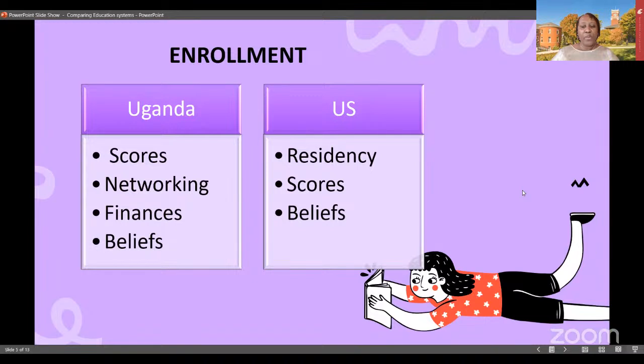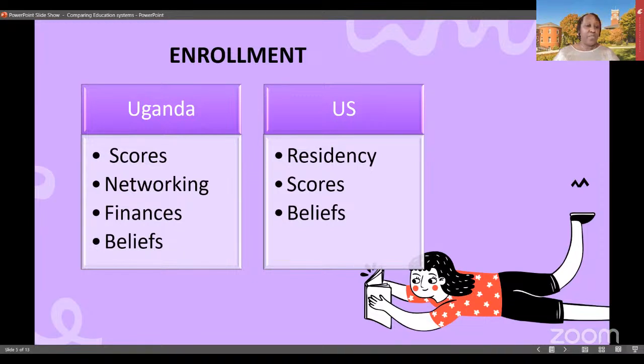So moving on, enrollment. Enrollment in Uganda is according to scores. You have to have passed really highly to get into universities, to get to study your courses. Even when we look at earlier, like secondary schools, you need to have the scores required by particular schools to get in.